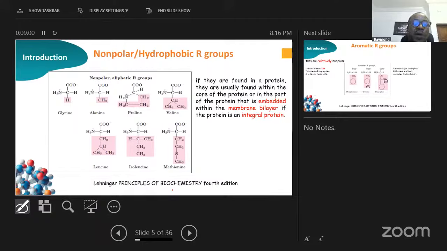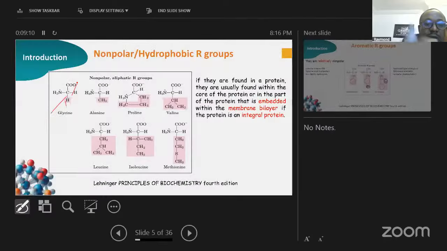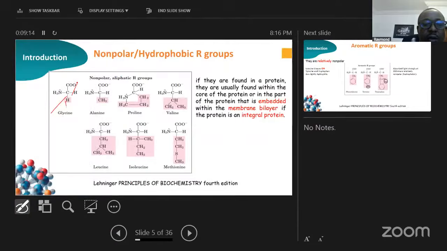You can see here we have hydrogen for glycine, CH3 for alanine. You can see this group for proline.